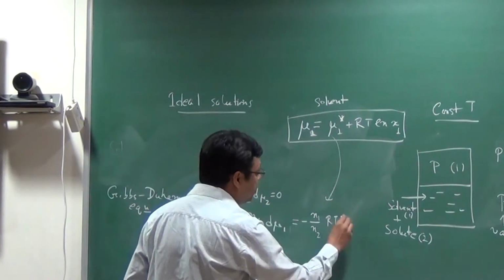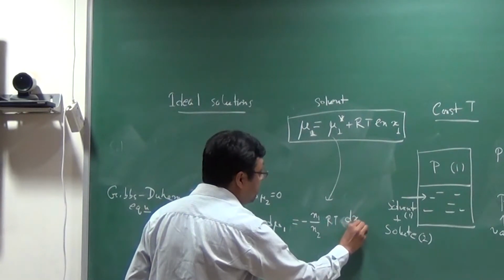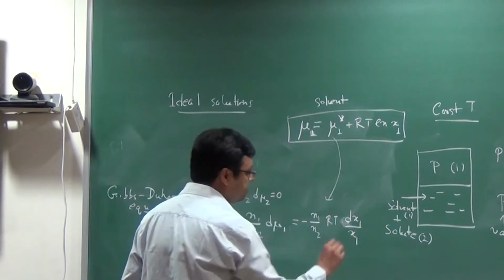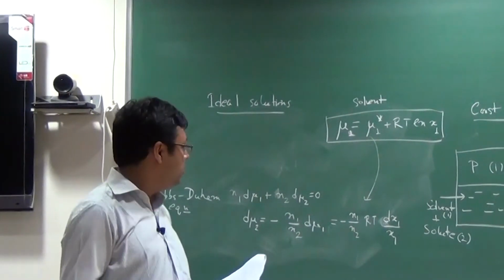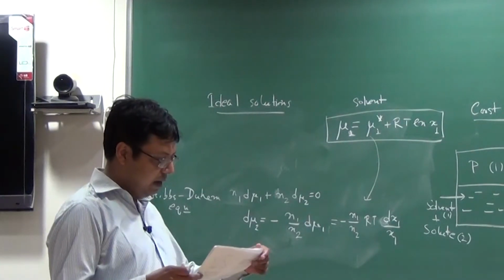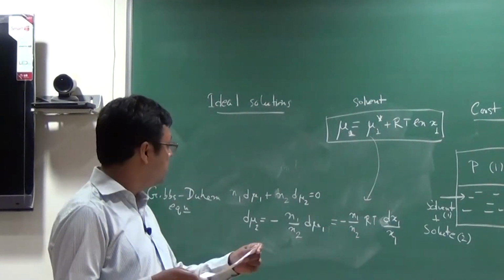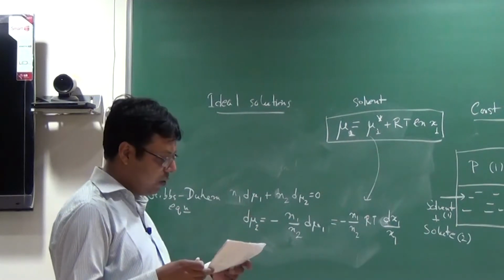Sorry, I'm taking the derivative of ln also, it will be dx1 by x1. Clear? Because what I eventually want is that I do not want these n notations.